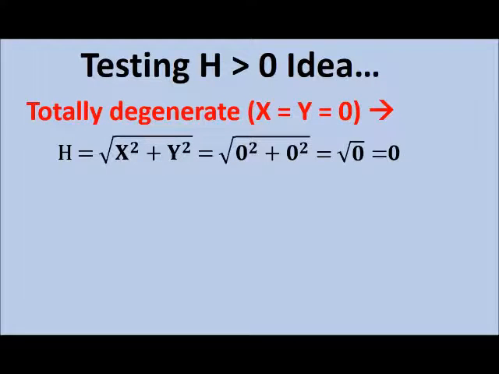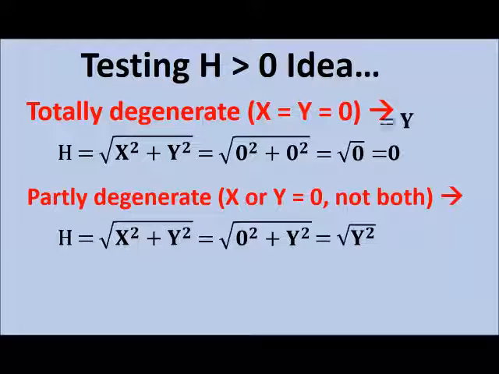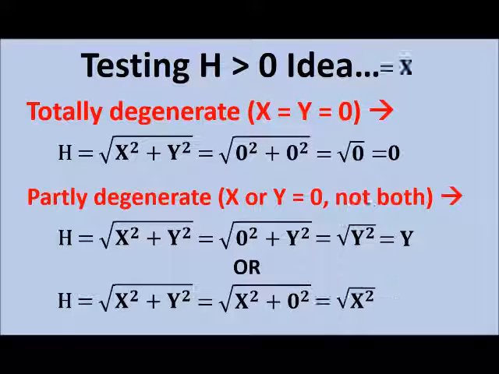Now, we'll consider the partly degenerate case where only the x length or the y length, but not both, equals 0. Here, we're dealing with a line that is either in the x direction or the y direction. As we've seen in part 3, this means that h equals y when x is 0, or h equals x when y is 0.